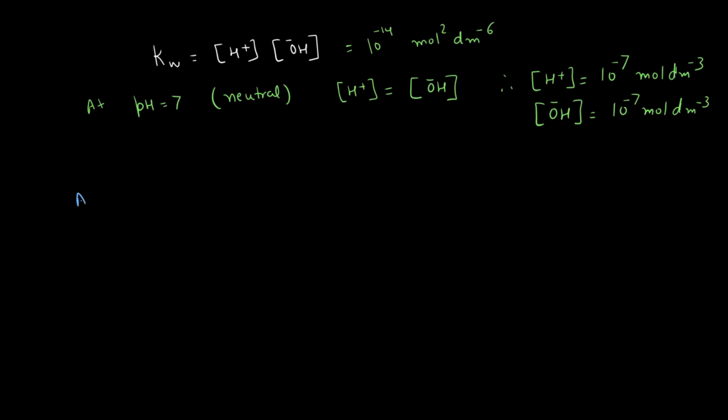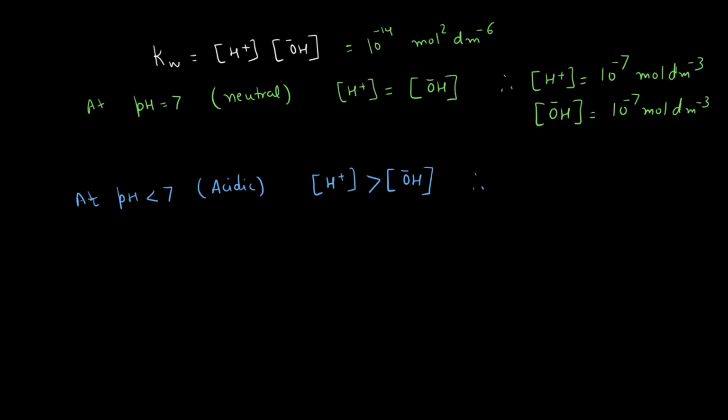Now at pH less than 7 we have an acidic solution, and in an acidic solution we know that H+ ion concentration is greater than OH- ion concentration.